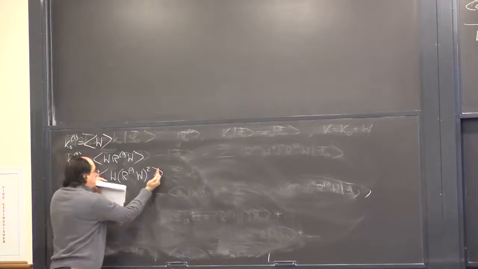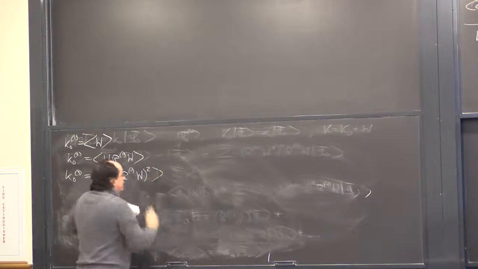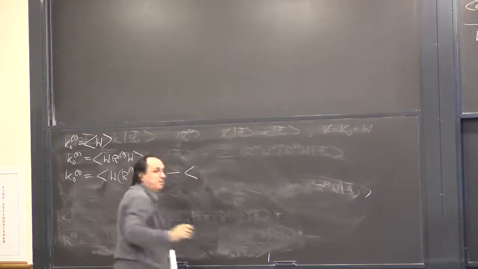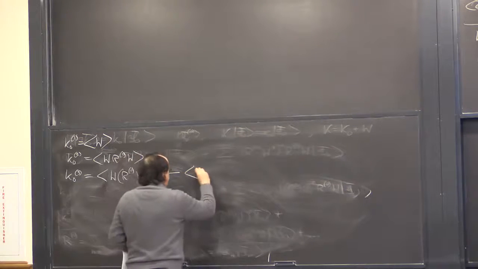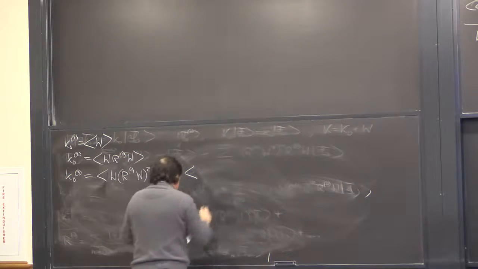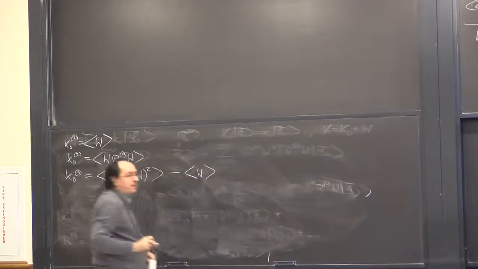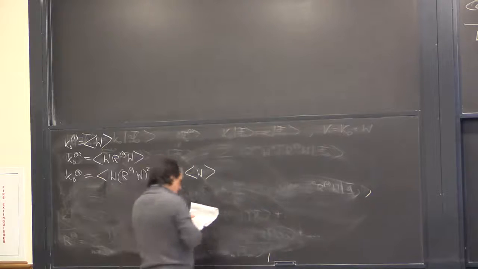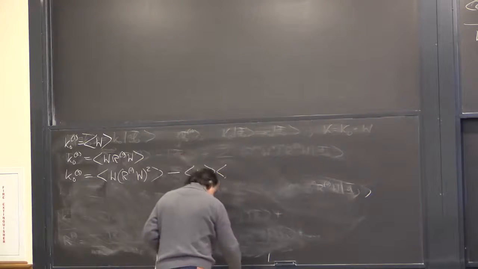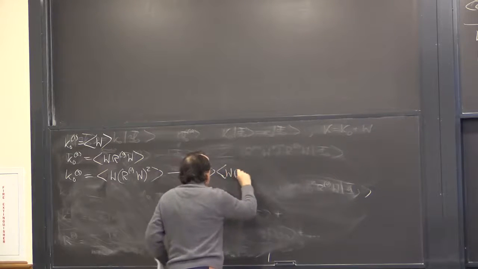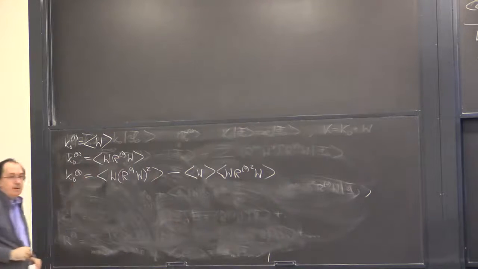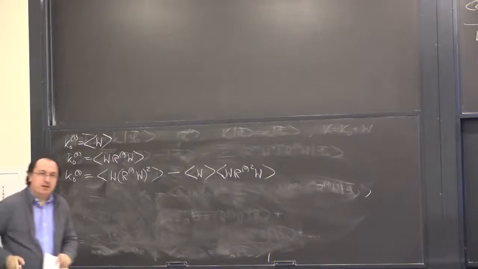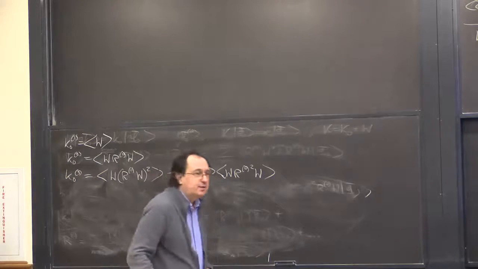Then you have to correct it with the renormalization term, which comes with a minus: the expectation value of W in phi0 times W R0 squared W. You see, it looks a little neater compared to what we've been writing so far.